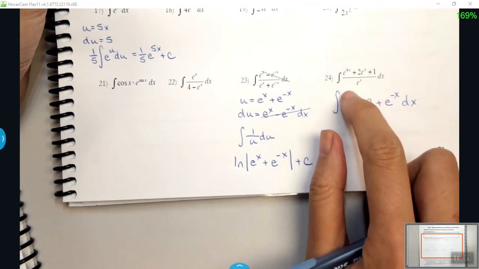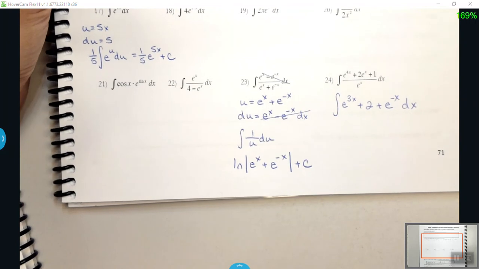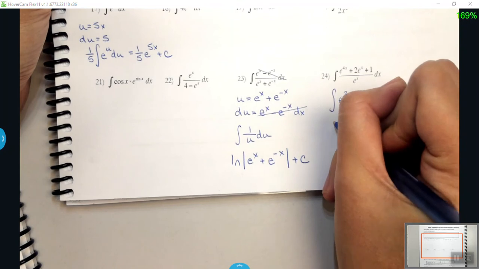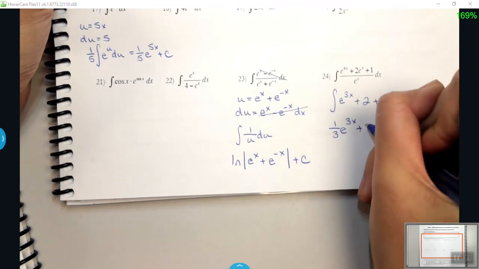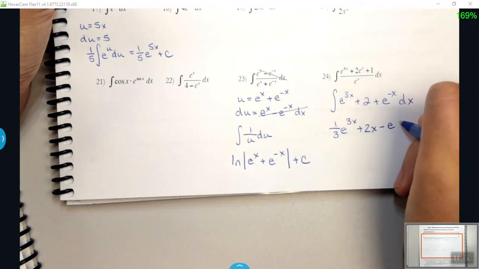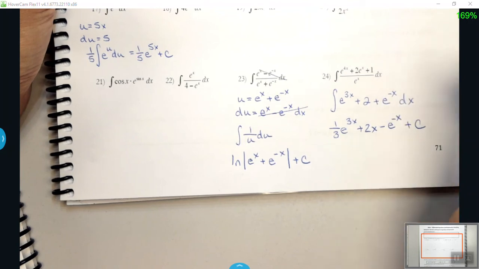So if you have one term in the denominator, it's easiest just to distribute and split. And then e to the 3x becomes 1/3 e to the 3x. The 2 becomes 2x. And this becomes negative e to the negative x plus c.